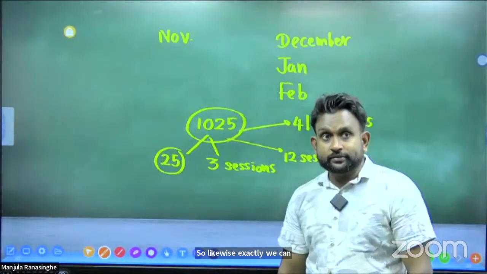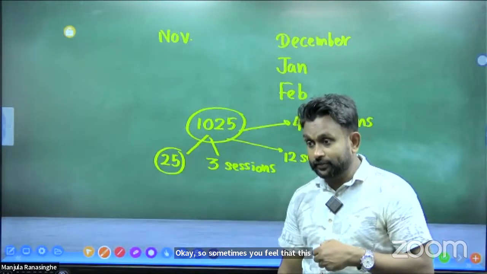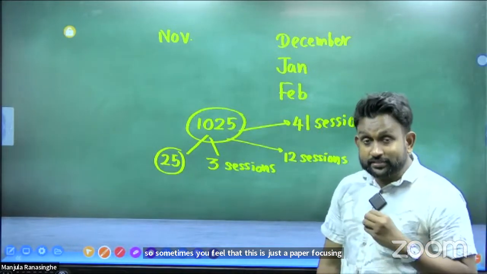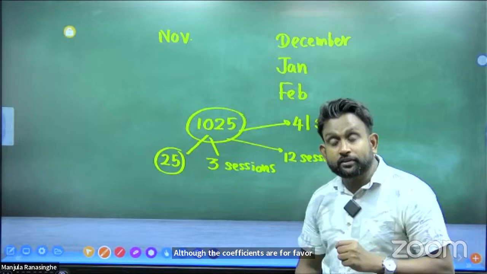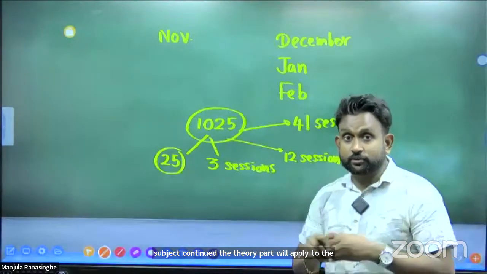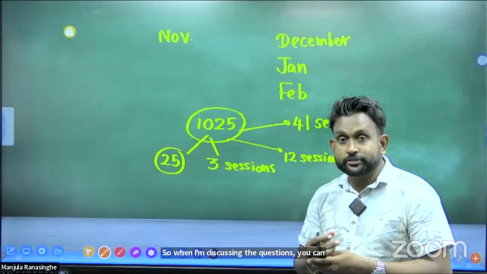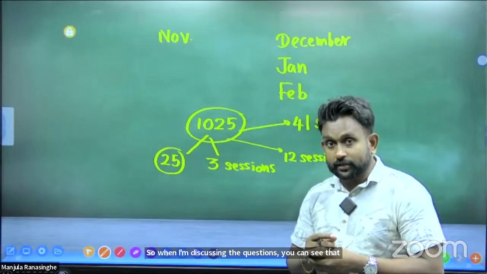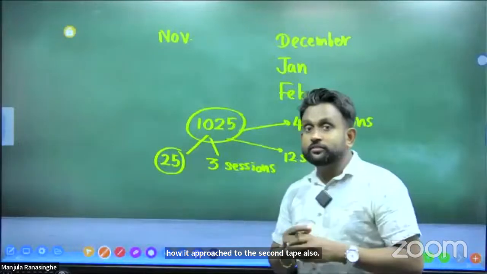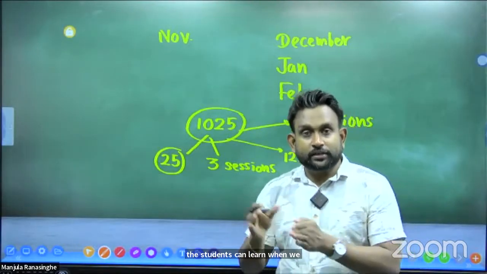Okay, so sometimes you feel that this is just first paper focusing, but although the questions are first paper focusing, the subject content, the theory part, will apply to the second paper also. So when I'm discussing the questions, you can see how it approaches the second paper also, right? Why did I select this method? The students can learn when we are teaching in different time frames.